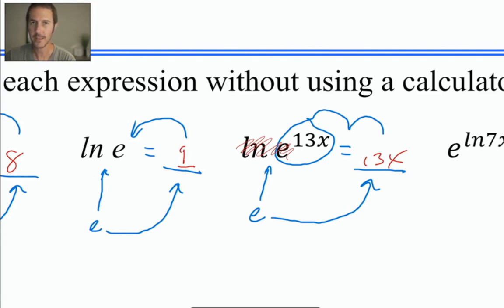So the fact that the natural log and e to the power kind of cancel each other out can be very valuable, because now the 13x that was in the exponent position is, as I like to say, down on the ground, where I can get my hands on it. I could then divide both sides of an equation by 13 and really isolate my x value. So we will be doing that in the not too distant future.